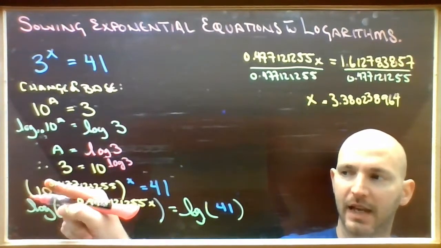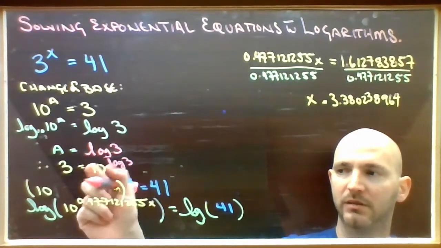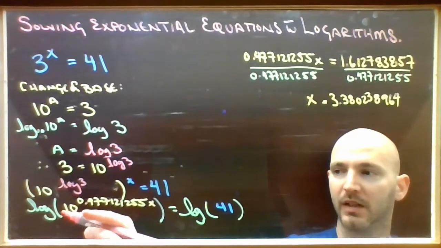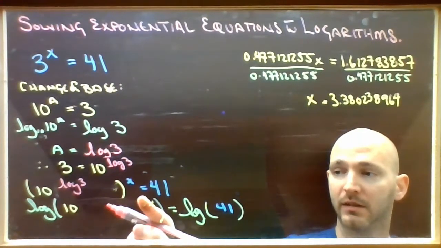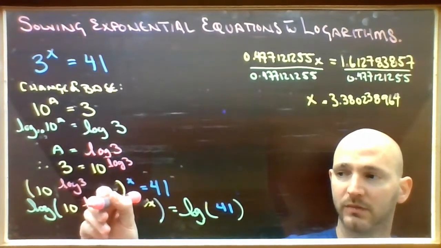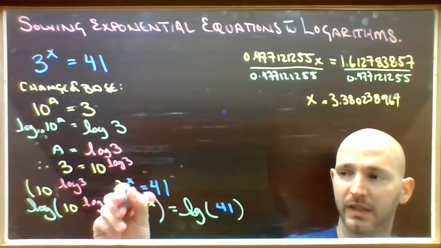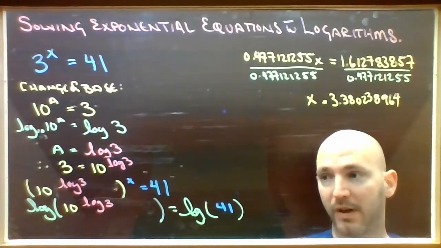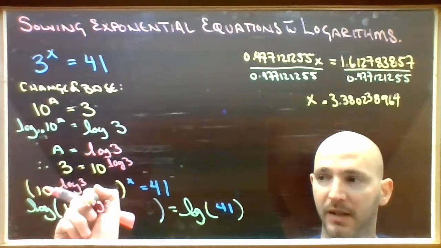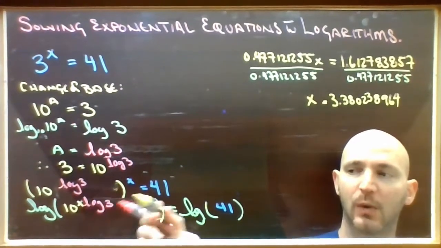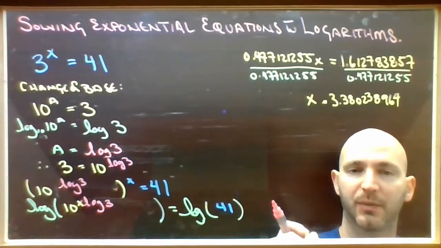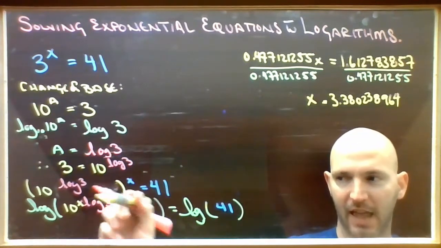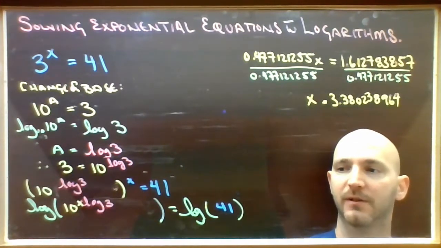And then I could write that here as well. That's much faster. And then I could write it here as well, log 3. And just as a little bit of grammar, when you have an x multiplying a logarithm, it's good to write it in front so that you know that it's x times log 3 instead of log of 3x. So just to make sure that that x is outside of the function.